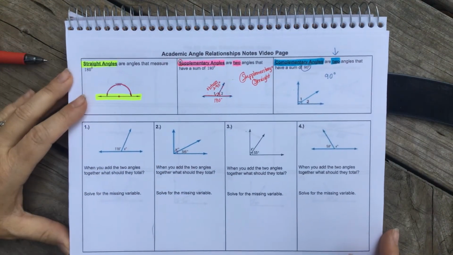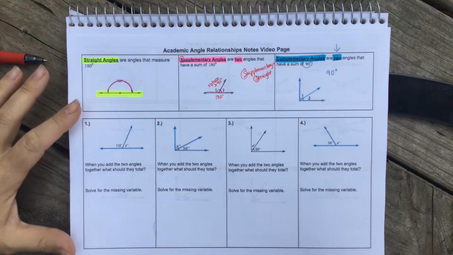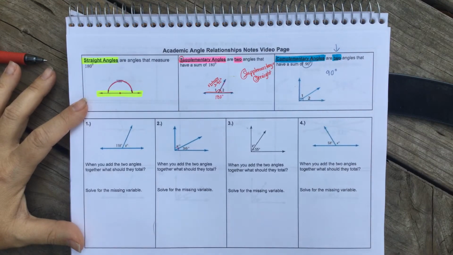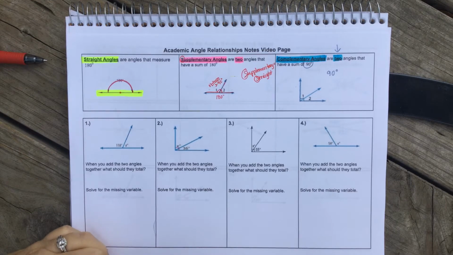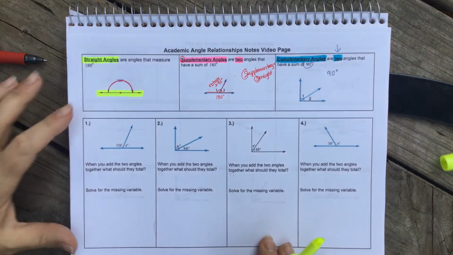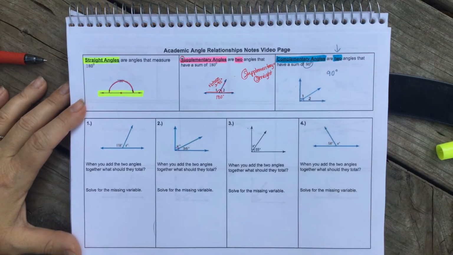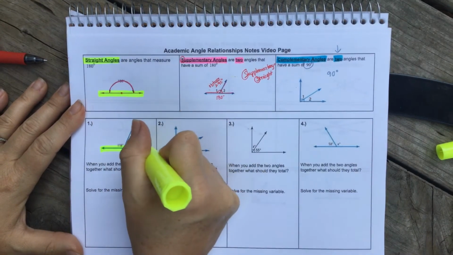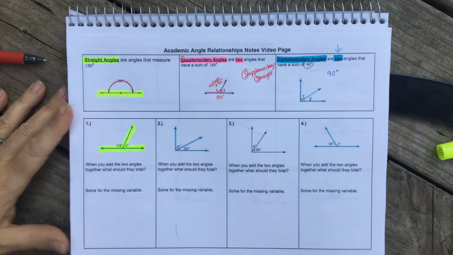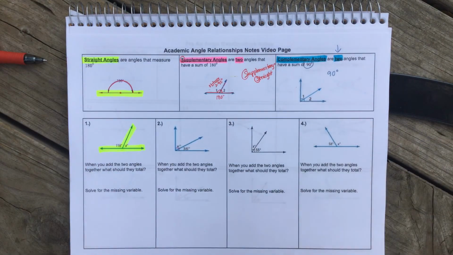Okay, so let's look at a couple where we can find the value of x. So right before we left for spring break, you guys worked on one-step equations, and so the way that we're going to solve these is we're going to set them up as one-step equations. If we look at this first one, we first want to decide what kind of angles these are. Well, I notice I have a straight line, but I do have this line bisecting the angles.